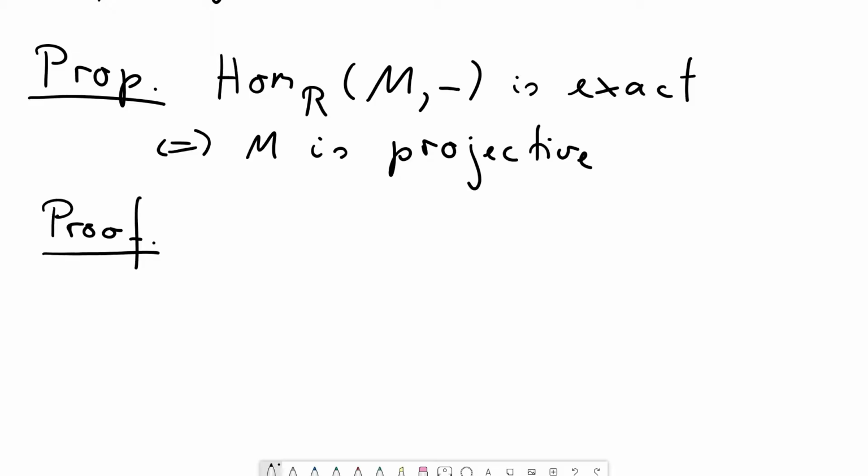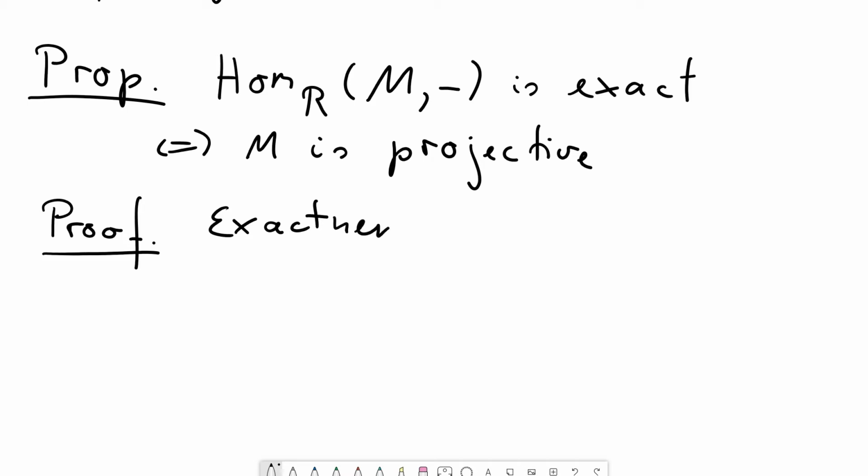So let's focus. The Hom-functor is, with no assumption on M, left exact. So claiming that it is exact means we only have to show that it preserves surjectivity under the additional assumption that M is projective. So let's put this down. It's the first observation.